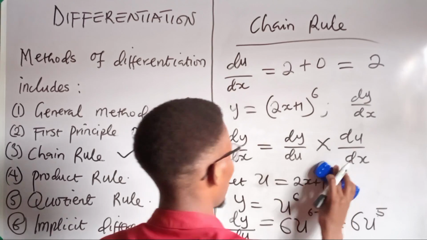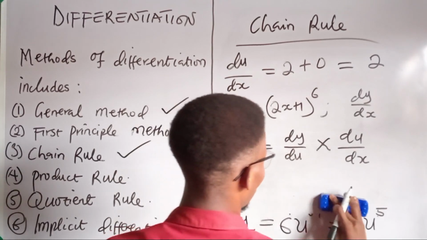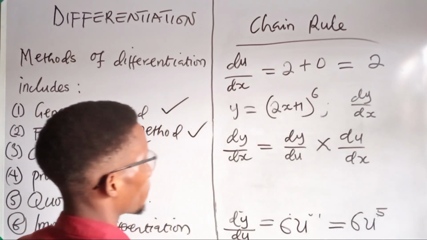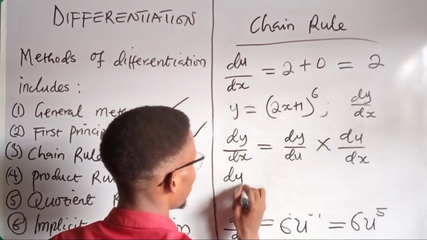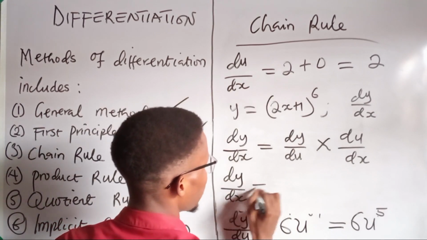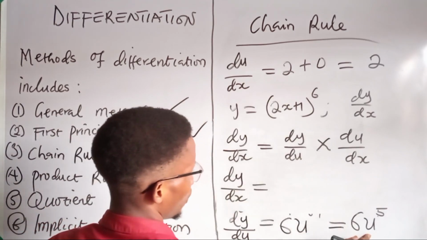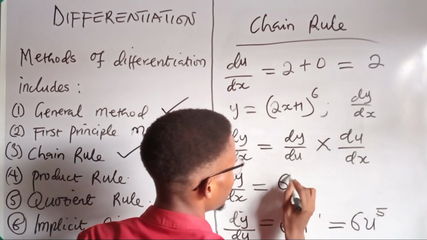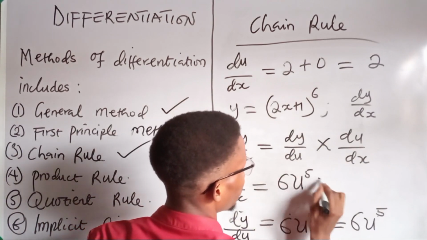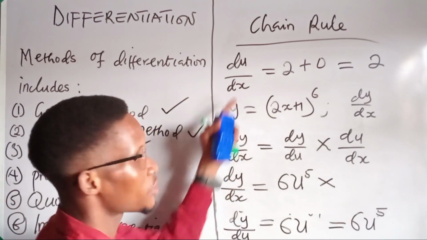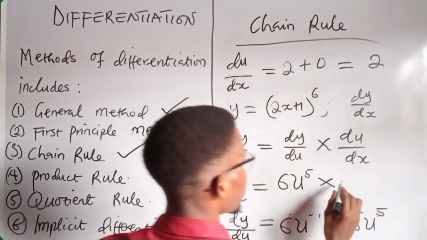So in this case now, dy over dx is equals to, we got dy over du as 6u raised to power 5, multiplied by, then we got du over dx as 2.